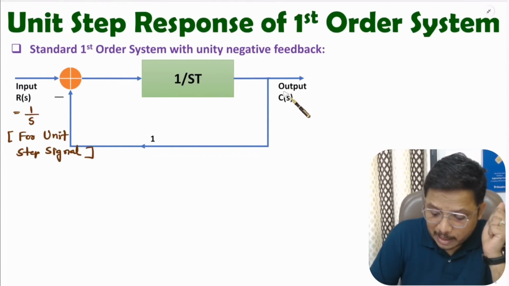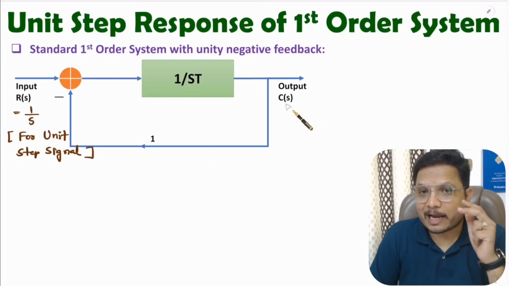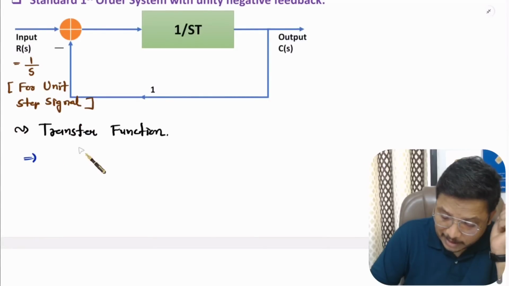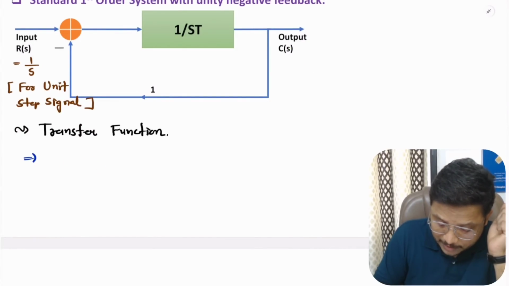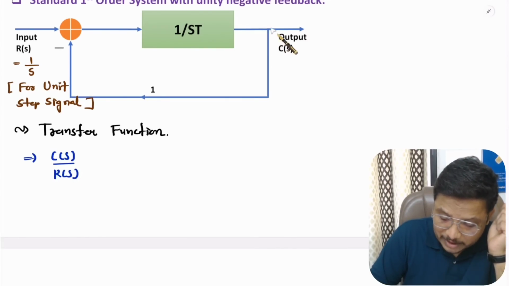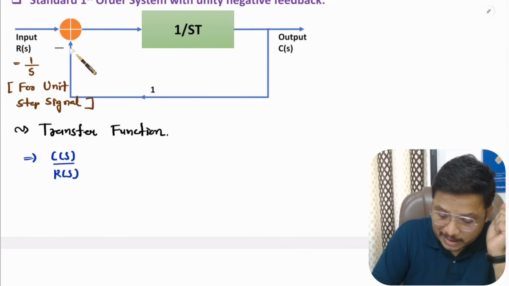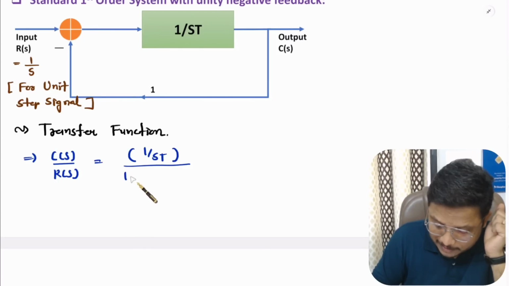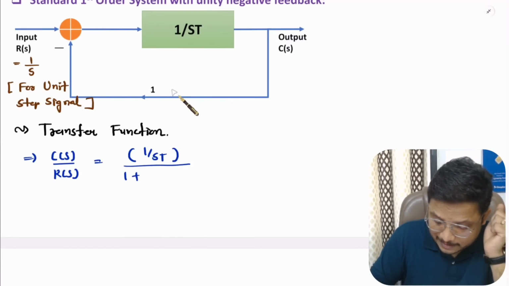Here our agenda is to identify the response. Response means output, so we can identify the output using the transfer function. Transfer function is the output C(s) divided by the input R(s). Here we have unity negative feedback. So the transfer function, that is G(s), is (1 by sT) divided by (1 plus G(s)H(s)).